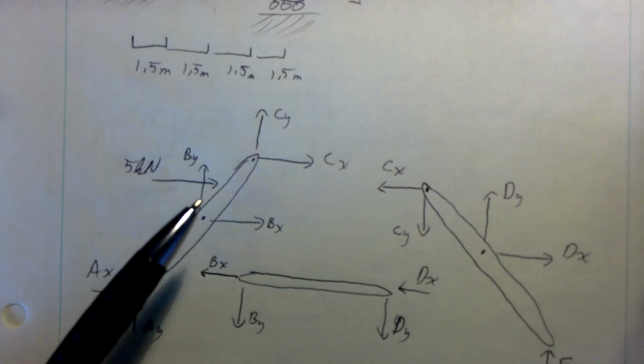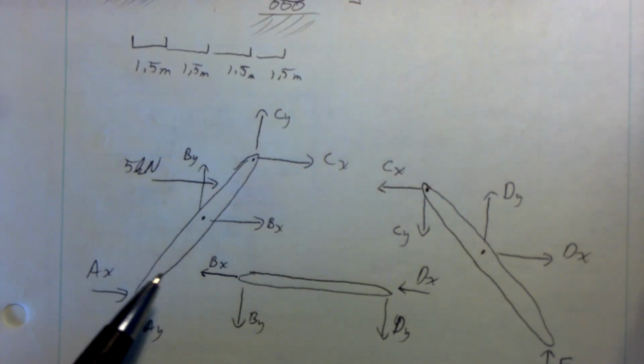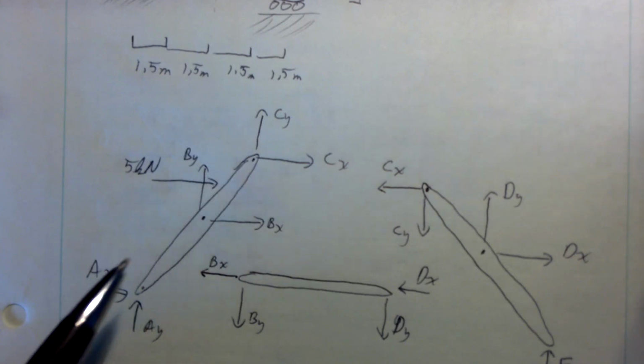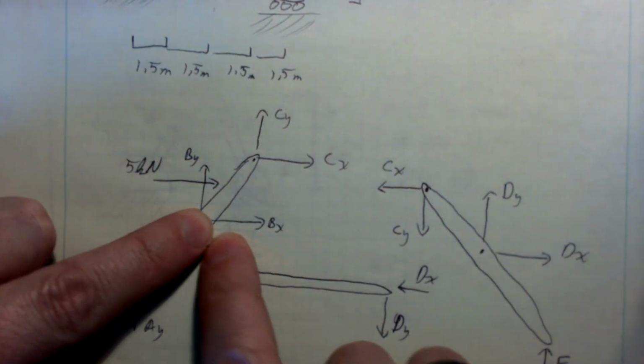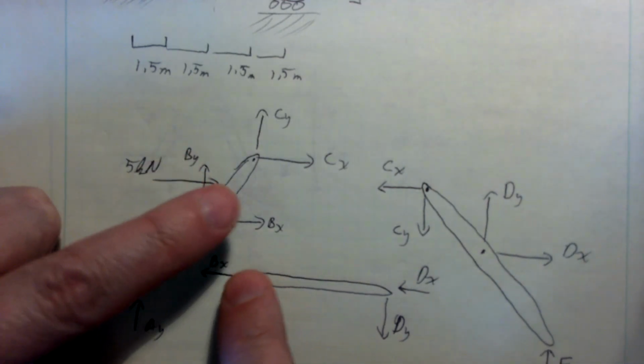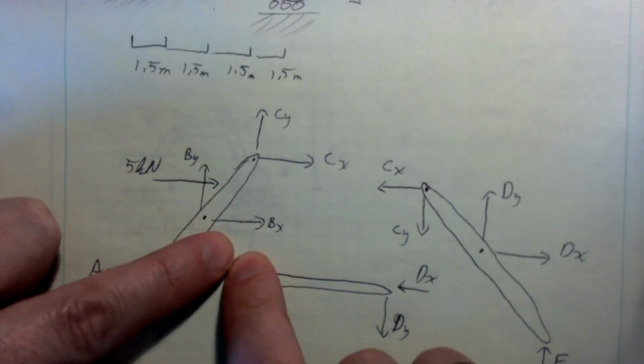Now, notice my preference is to systematically draw each pin force in the positive direction on the first free body diagram where I draw it. The second free body diagram I draw it, I tend to draw the negative of it, because if I put these two together, these equal and opposite forces will cancel out.